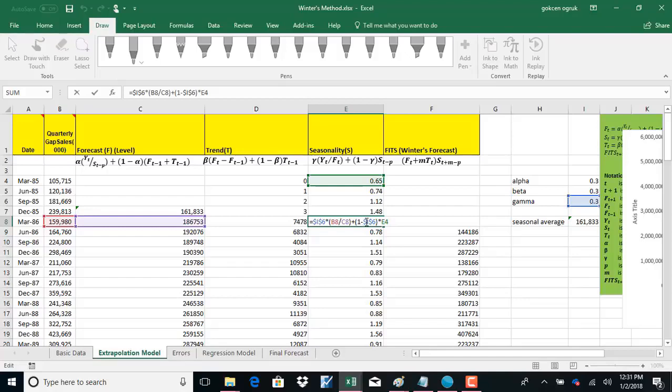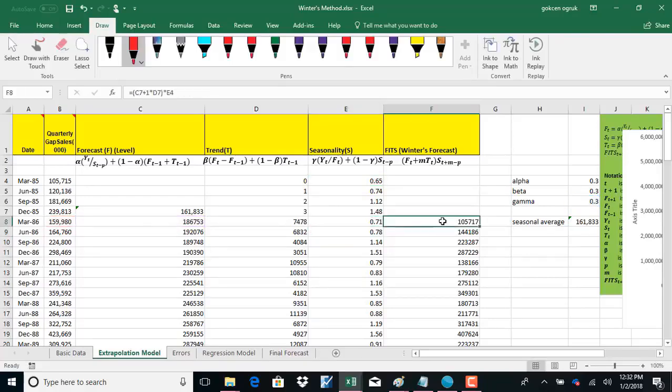So you might think that since we are forecasting a sales number for the first quarter, I should use the seasonal index that we have found for the first quarter of the previous year. This is all we need to do to calculate the update of the seasonality index.